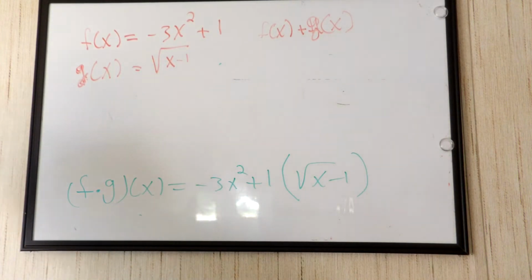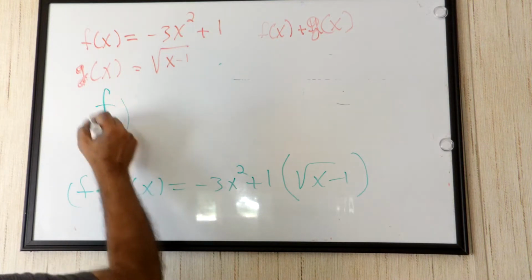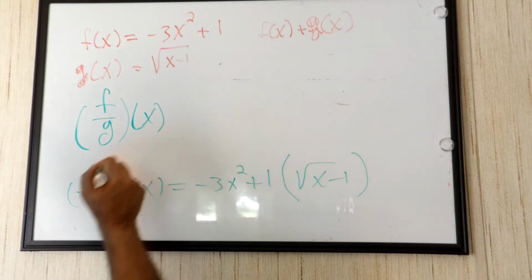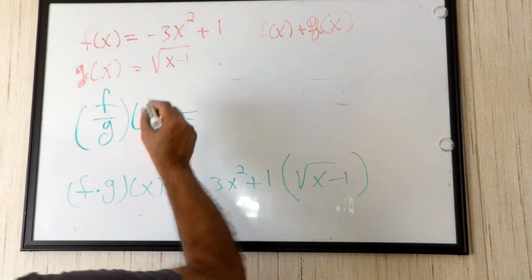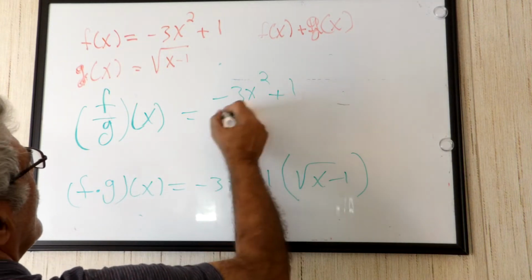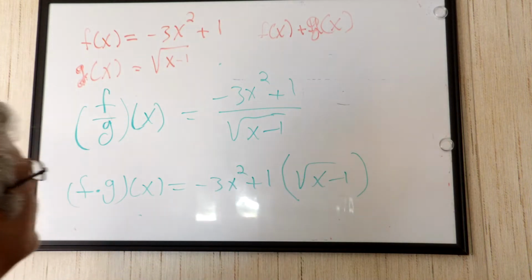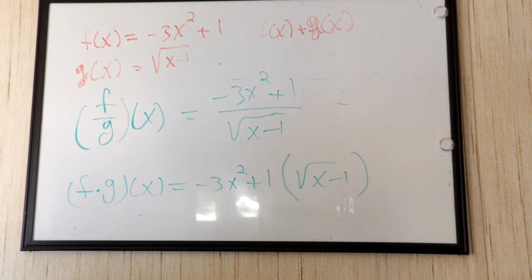So if it's division, f over g is a function of x. Now we write minus 3x squared plus 1 over the square root of x minus 1.